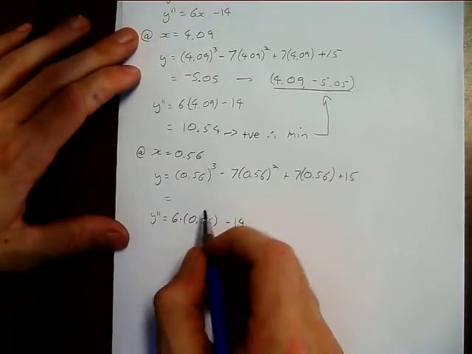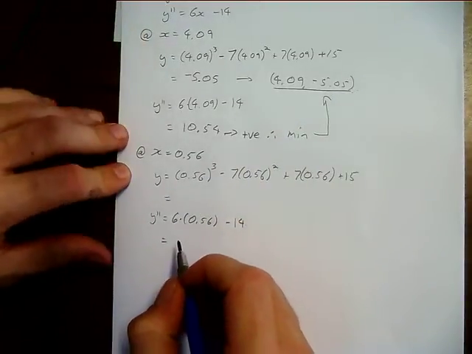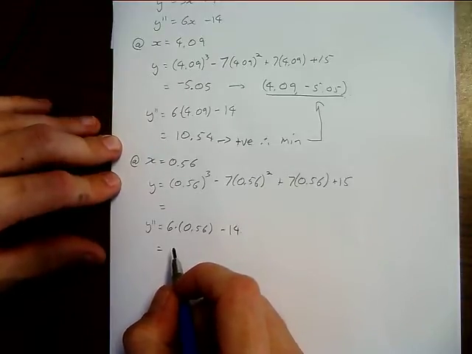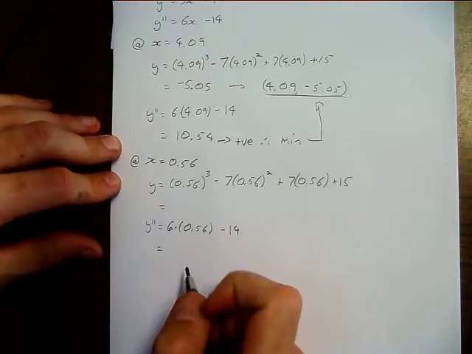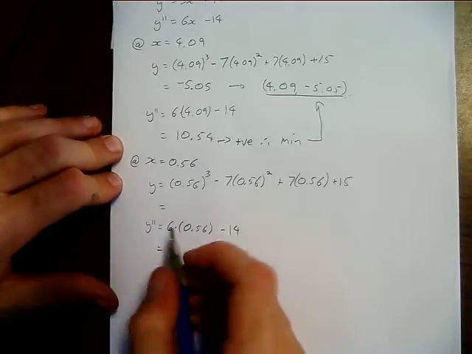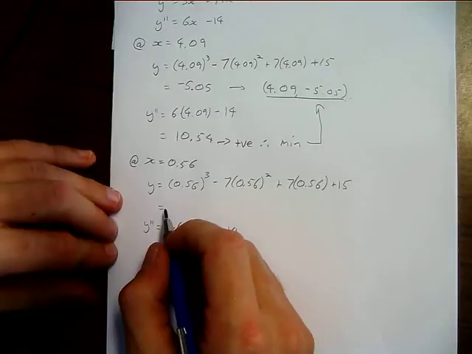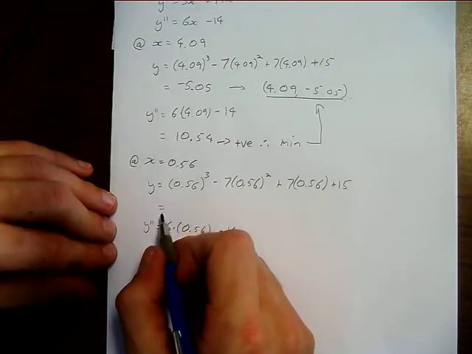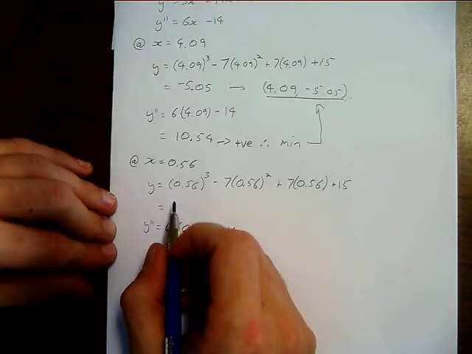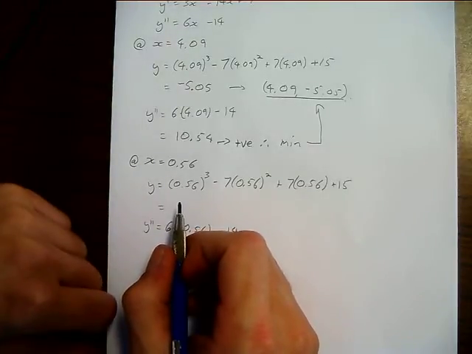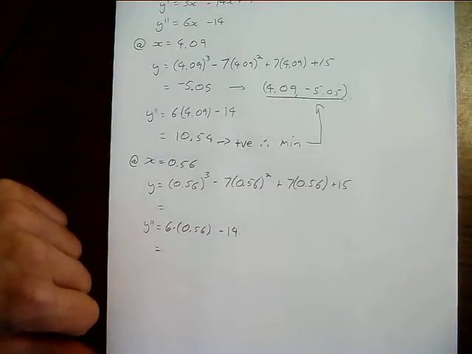Do we have our ones for the second stationary point? What did you get for it?